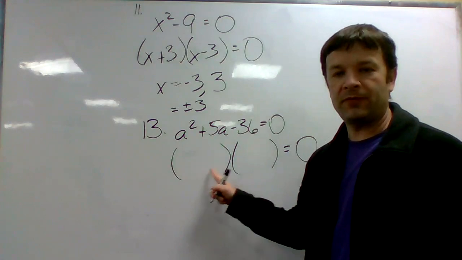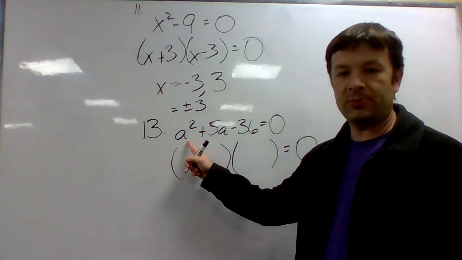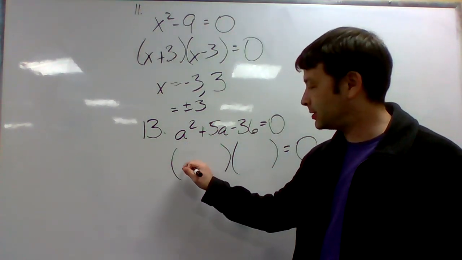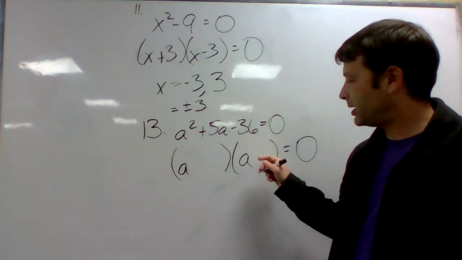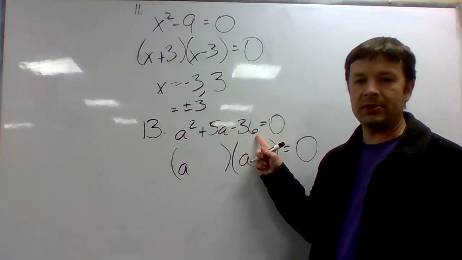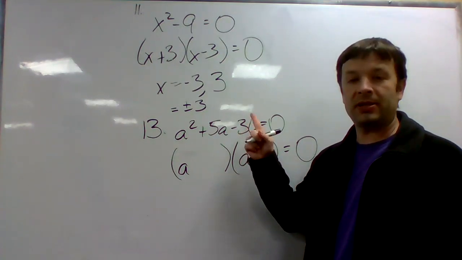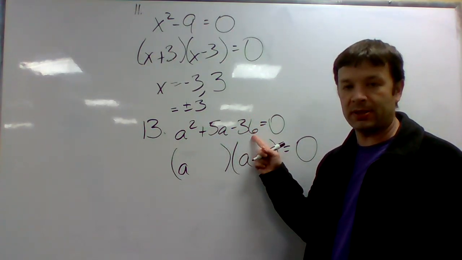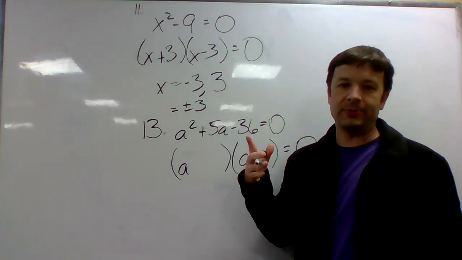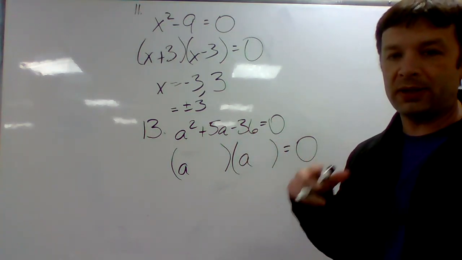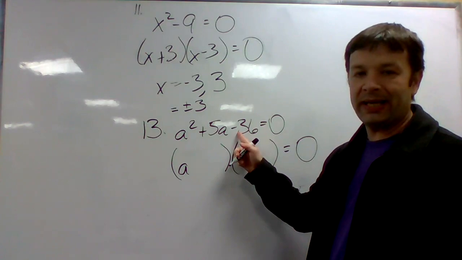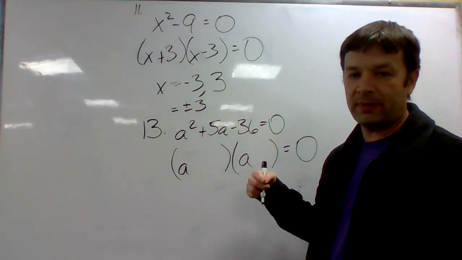What goes in front is the same thing as what goes into a squared: a times a. What goes in back? What times what equals negative 36? If you don't know your times tables, you just have to use your calculator and kind of guess. Because it's a negative 36, you know one of them has to be negative.